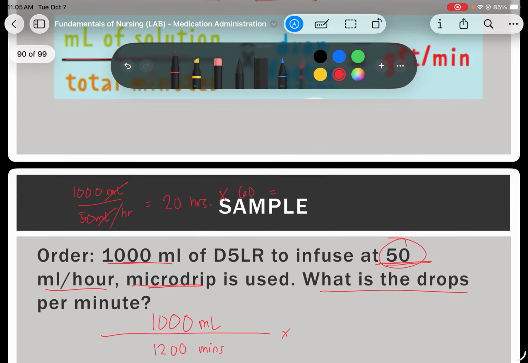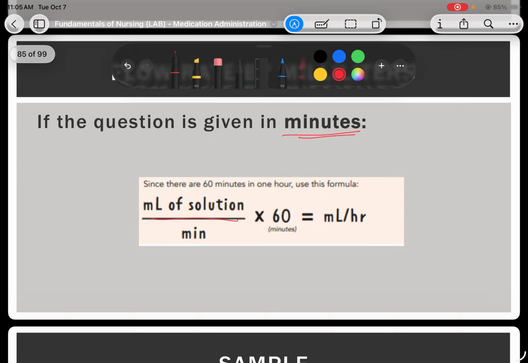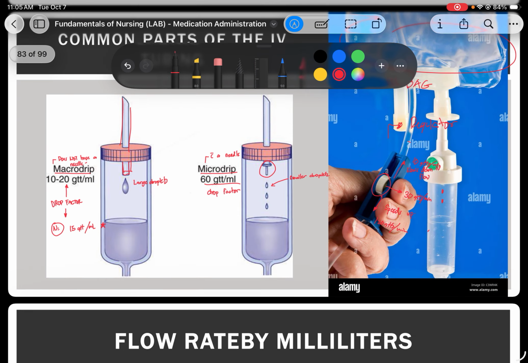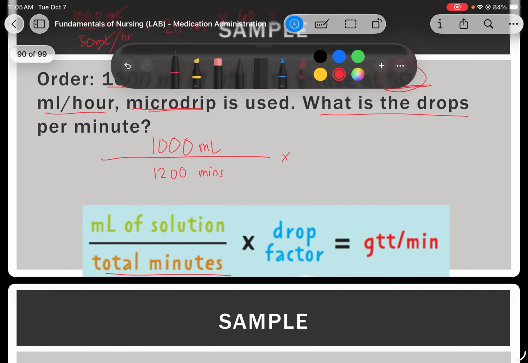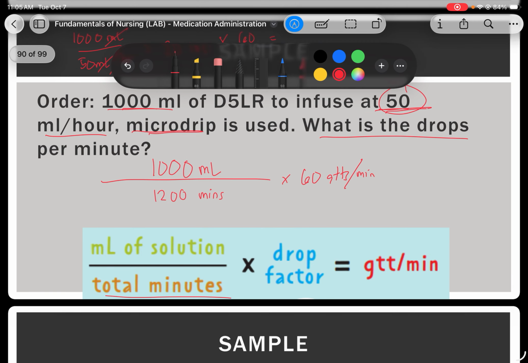Times, what is the drop factor, class? Microdrip. So we are gonna use the microdrip, 60 drops per minute. Okay, 60 drops per minute. Let's compute.